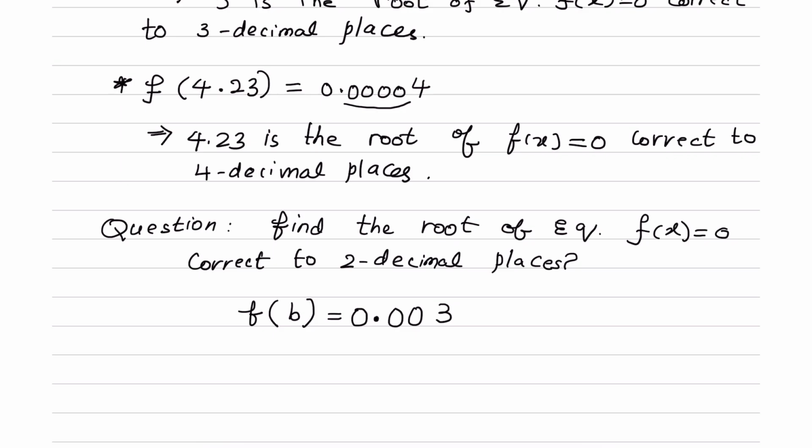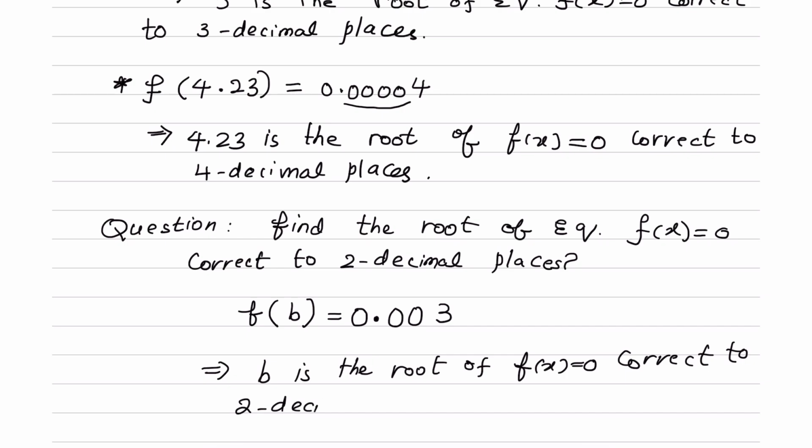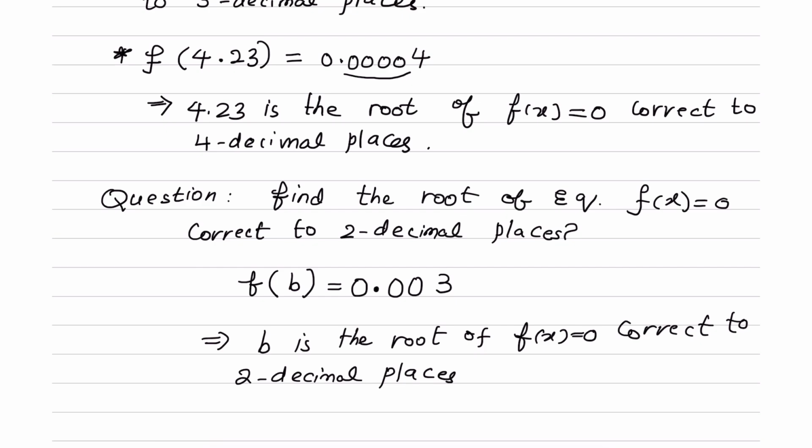So in this case you will say that b is the root of equation f of x equal to 0 correct to 2 decimal places. So after 2 zeros there will be a third digit and it could be any digit.